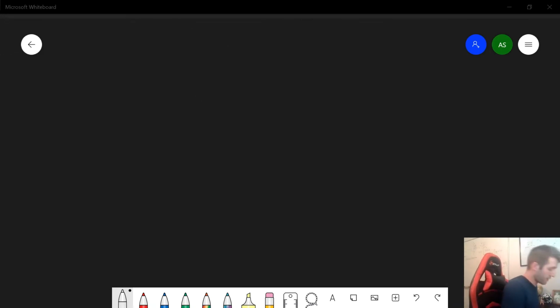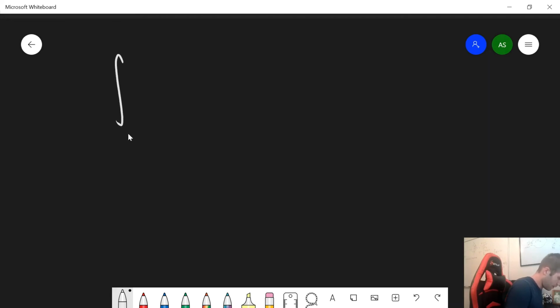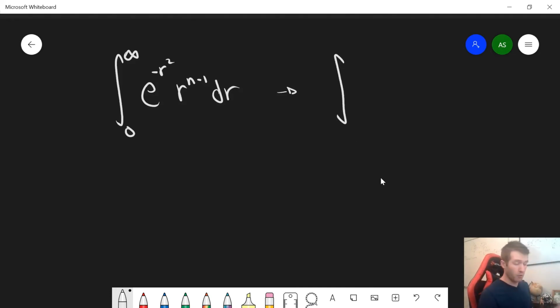What we now have here is just our integral from 0 to infinity of e raised to the negative r squared times r to the n minus 1 dr. And then over here, we just have the surface area portion of our n-dimensional sphere, or just our integral, of course, from some value to some arbitrary value. I'm just leaving it at that for now. So d omega n minus 1 here, right? That is where we're going to leave it.